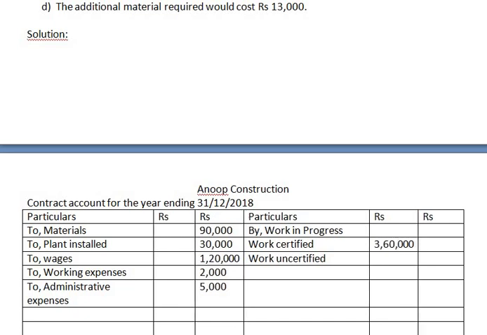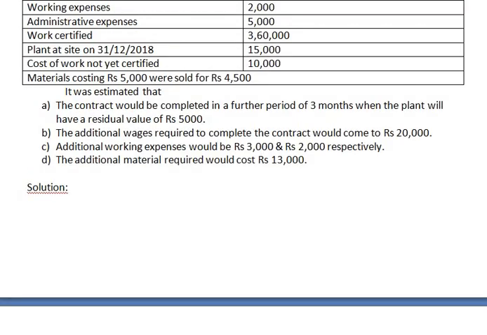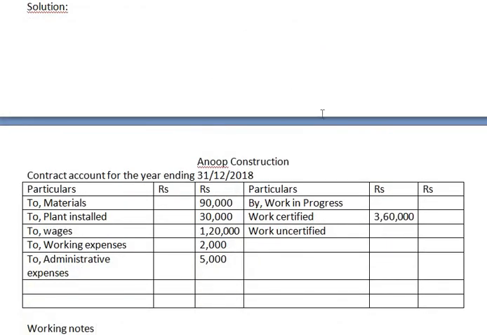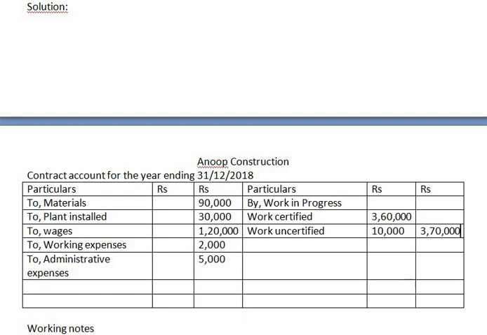And work uncertified, again go through the problem. Here they have given the cost of work not yet certified. Not yet certified means work uncertified. The amount is 10,000. That is 3,70,000. Take it to the outer column.